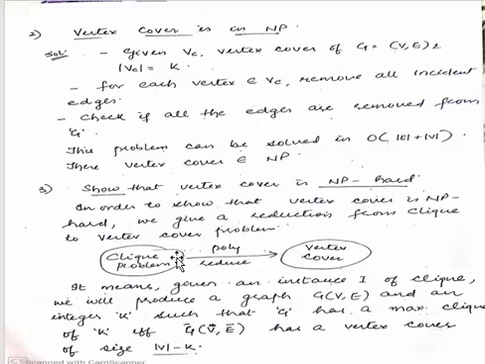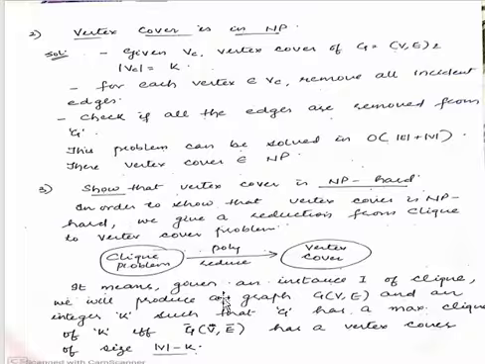Okay, for that I need to take a graph G(V, E). Suppose here I'm giving a graph G and I'm giving K as the input. That means I'm saying that the graph is having a clique of size K. So that is the input that I'm taking. Okay.